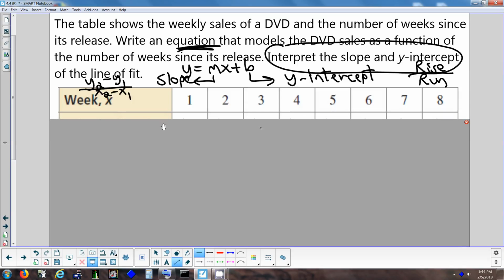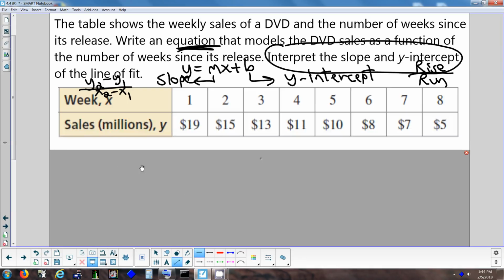On a scatter plot, the way we number each axis is not always going to be 1, 2, 3, 4, 5, so it would be hard to count unless the information went by ones. But usually it won't, so this is the best way: y2 minus y1, x2 minus x1.